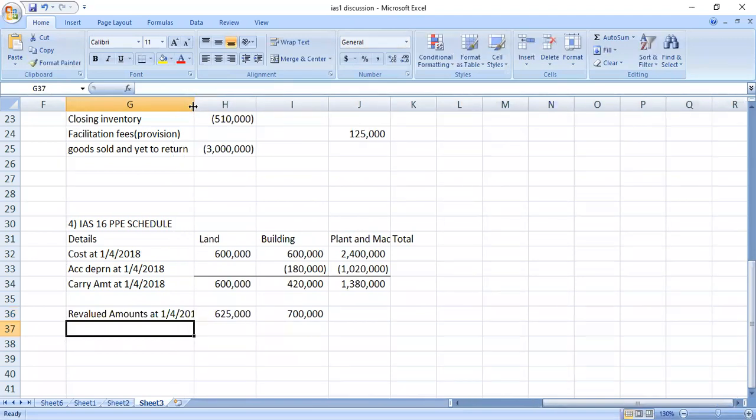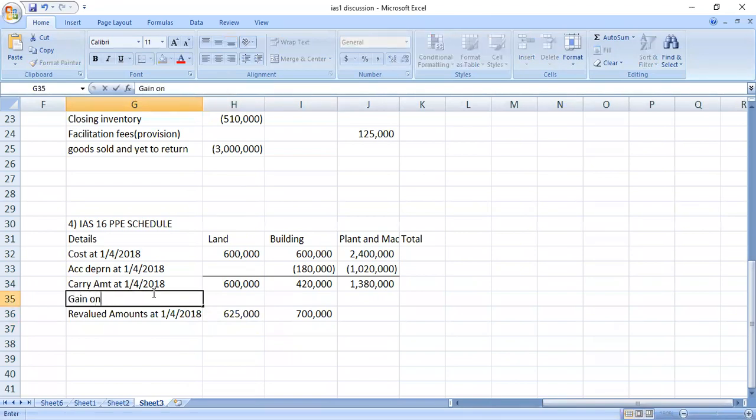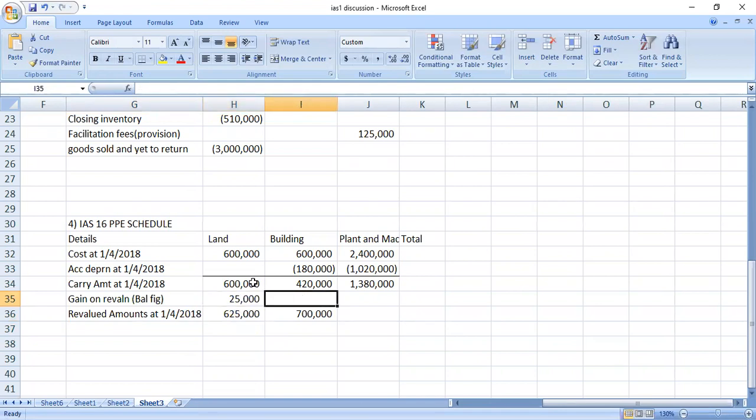Whenever the carrying amount is less than the revalued amount, there's a gain because it has increased from where it was to the new figure. So you say gain on revaluation. It's a balancing figure, the difference between the two, so this minus that. This is a gain. Even building is a gain.